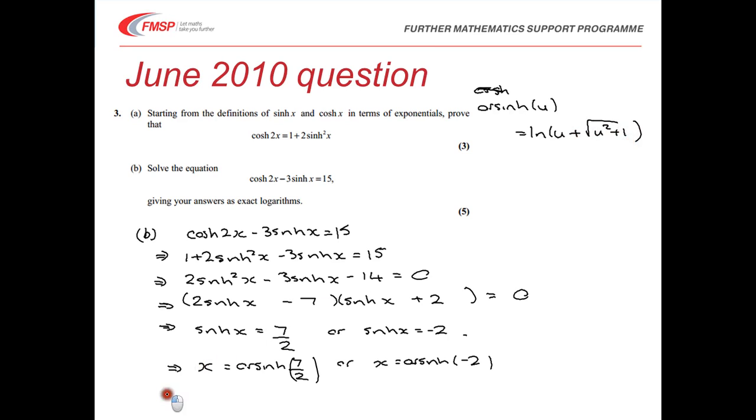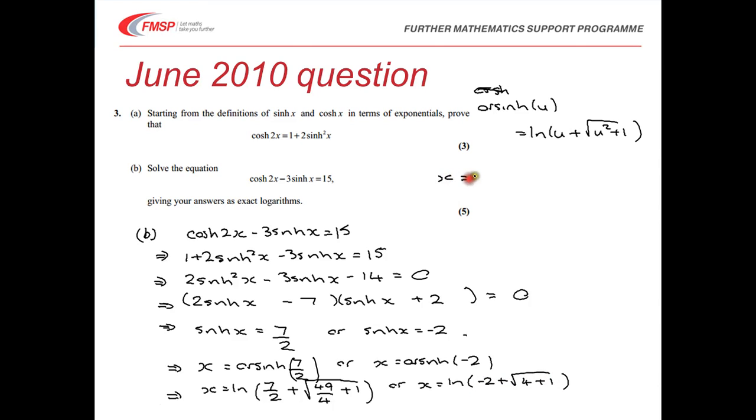So let's have a look at how that works with our two values here. So we've got x equals log of 7 over 2, and then we've got square that, so that would be 49 over 4 plus 1. And in the second case we've got x equals log of negative 2 plus the square root of, well, 4 plus 1 this time. So this will give us two values then.